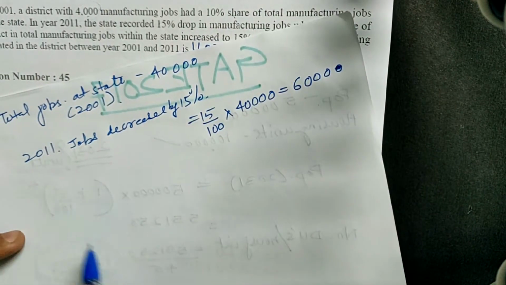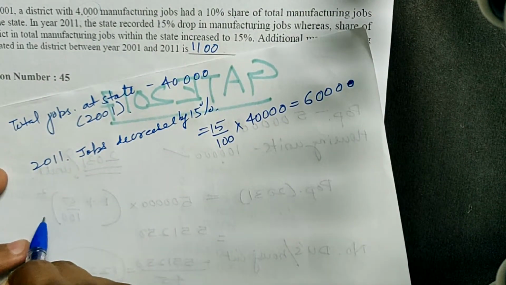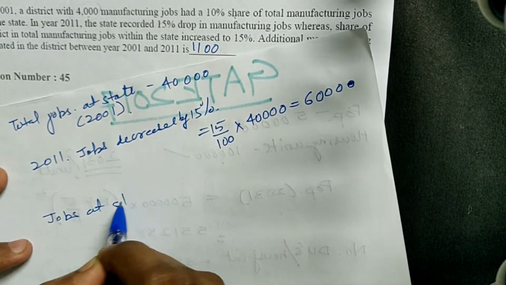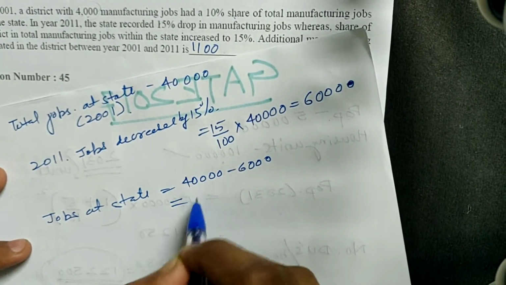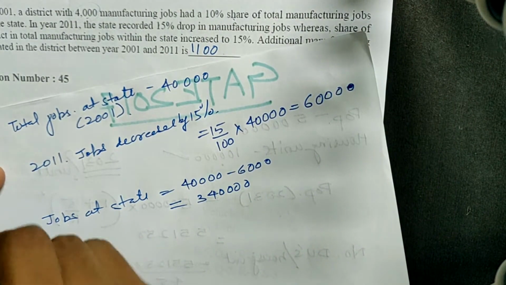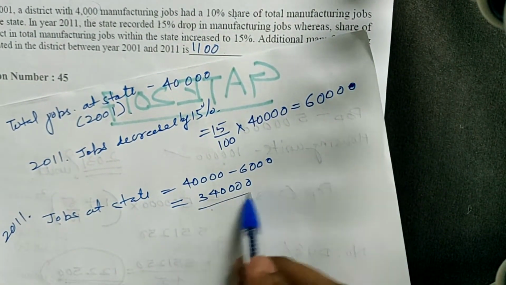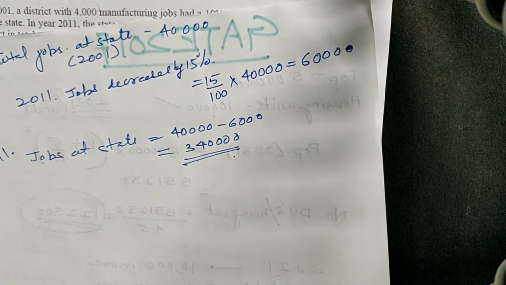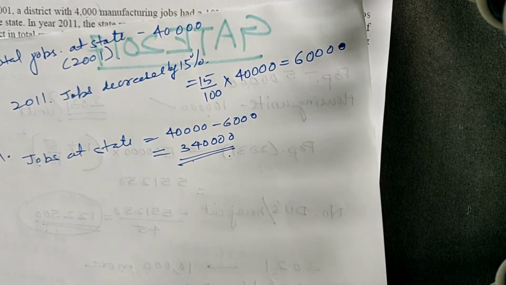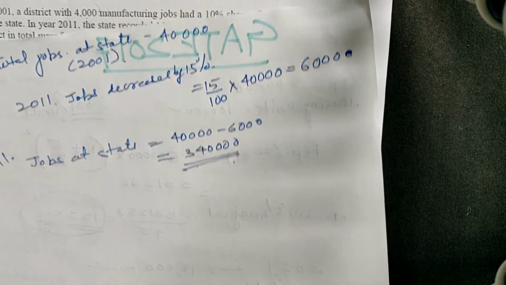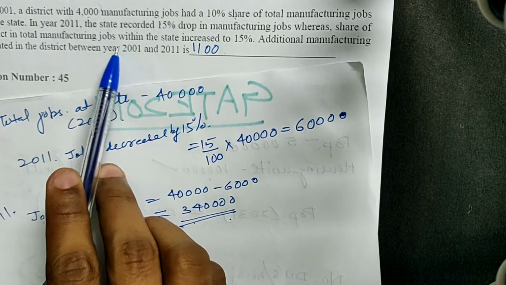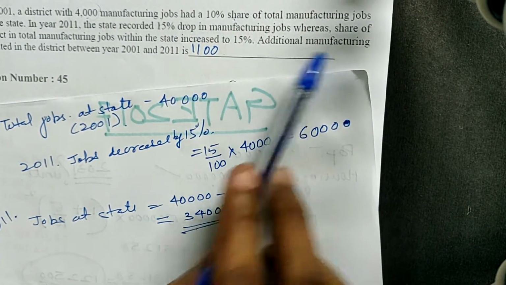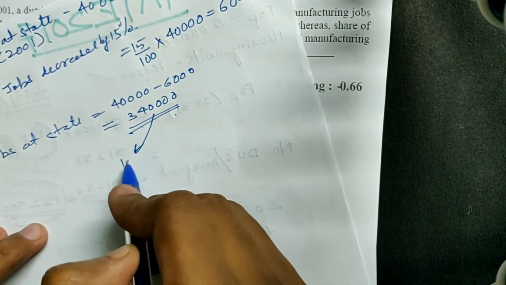That means now the jobs at the state is 40,000 minus 6,000, which is equal to 34,000. In the year 2011, the state had only 34,000 jobs. But the question says the share of the district jobs was now increased to 15%. Out of this, 15% goes to the district jobs.